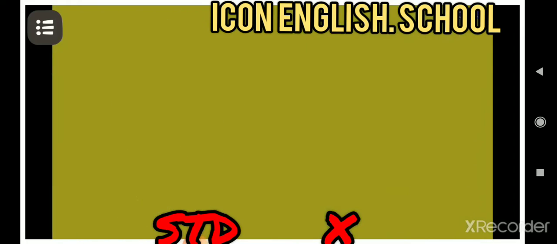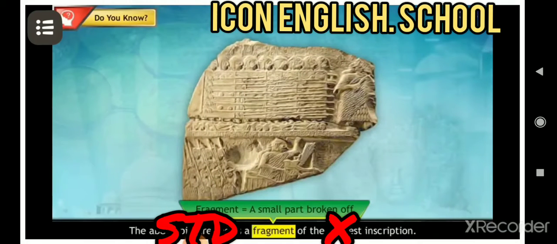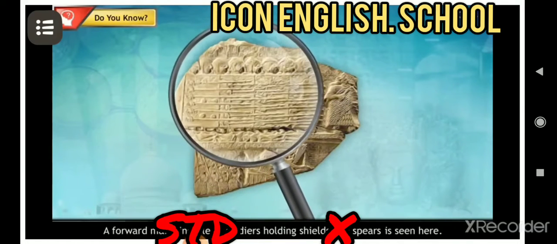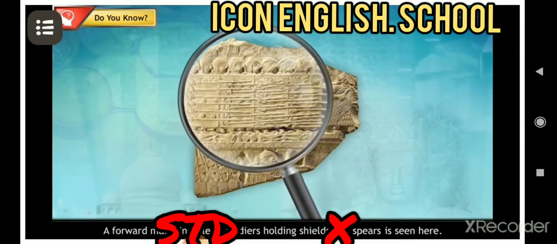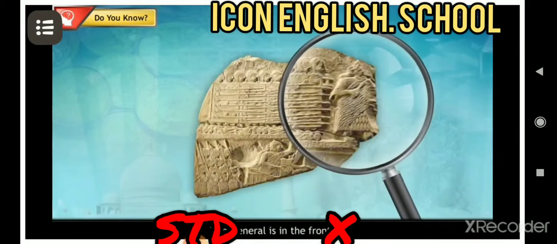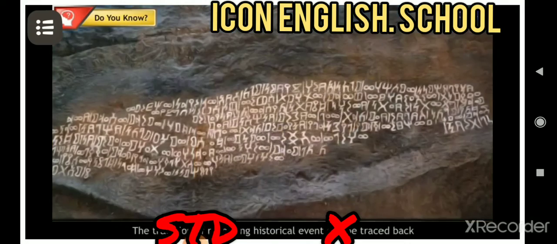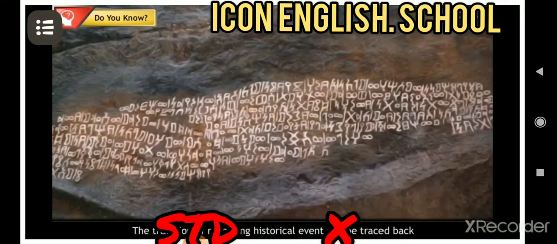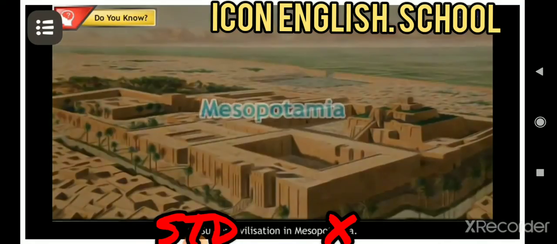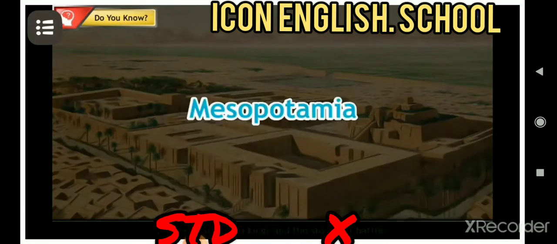Do you know? The above picture shows a fragment of the earliest inscription. A forward marching file of soldiers holding shields and spears is seen here. The general is in the front. The tradition of recording historical events can be traced back to Sumer civilization in Mesopotamia.